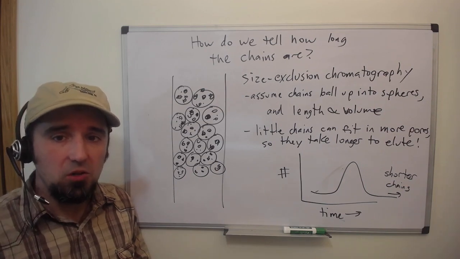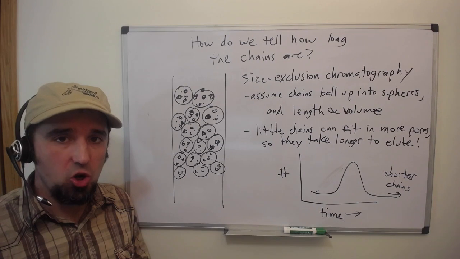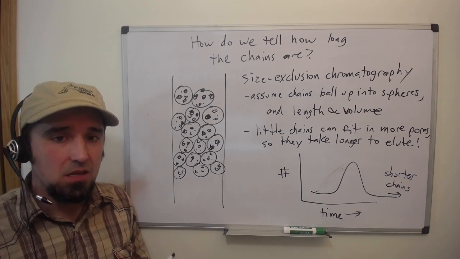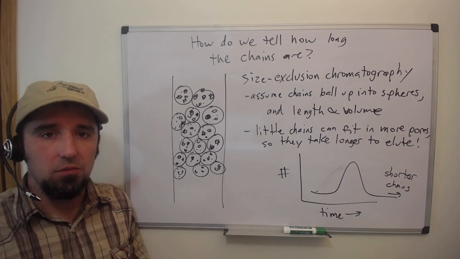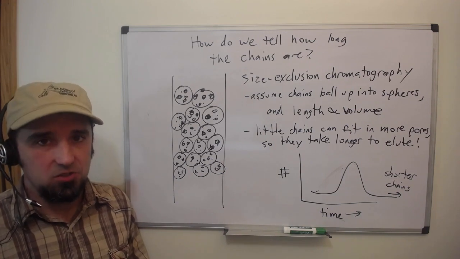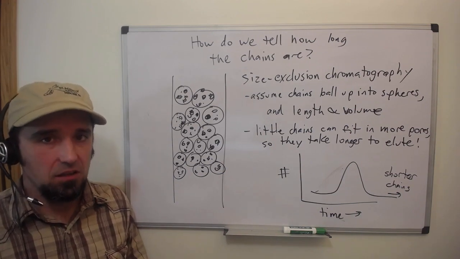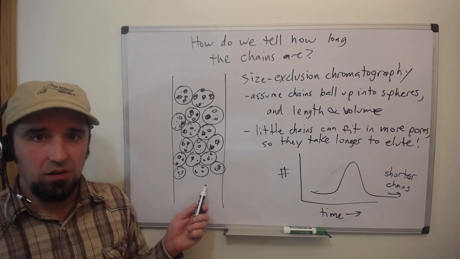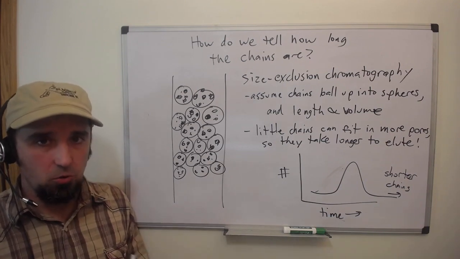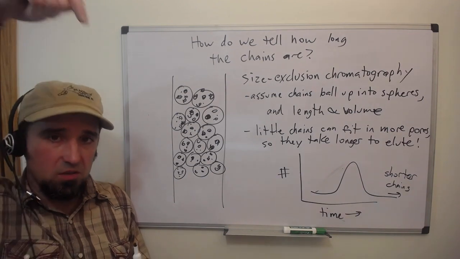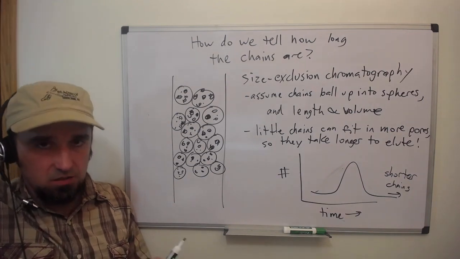Well, what we're going to use is something called size exclusion chromatography, or SEC. So the idea behind SEC is it's a column, kind of like the chromatography columns you did with spinach last term. Only instead of just silica, our beads in there are going to have lots of different pore sizes, some big pores and some little pores. And then we're going to put our polymer solution through it, a polymer dissolved in something.